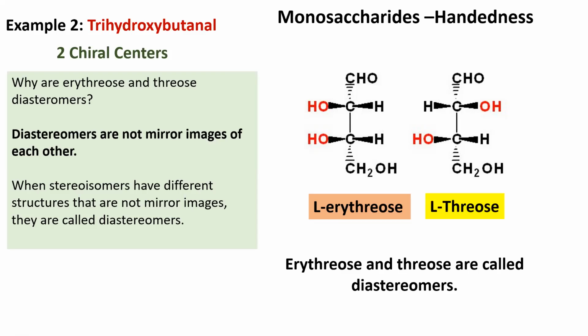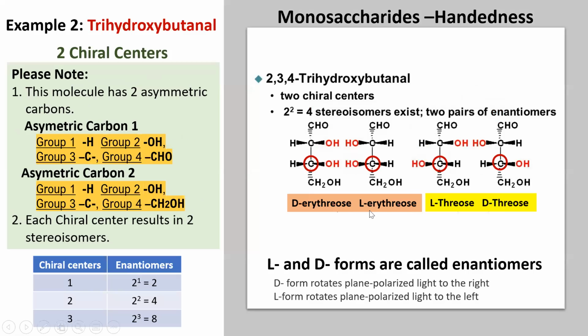They're not enantiomers. I told you enantiomers are the L and D forms. Among themselves, left and right, or L and D, they are pairs and they are enantiomers. But the orange group versus the yellow group, they are diastereomers. Among these 2 different groups, that's diastereomers.